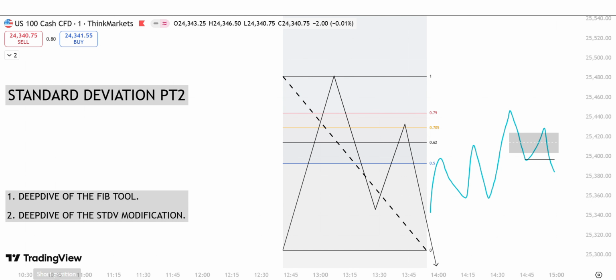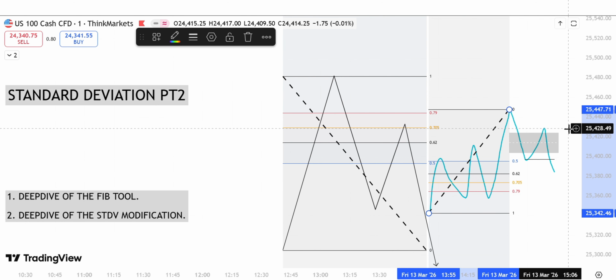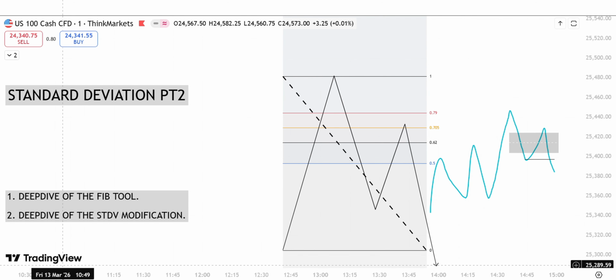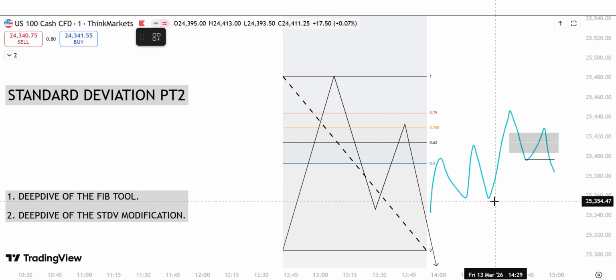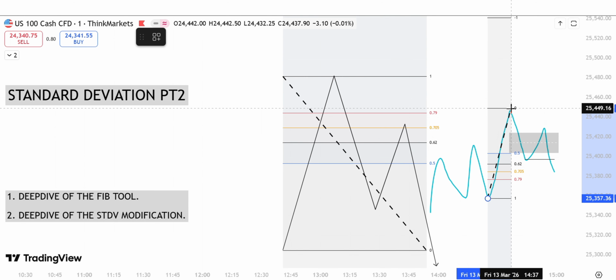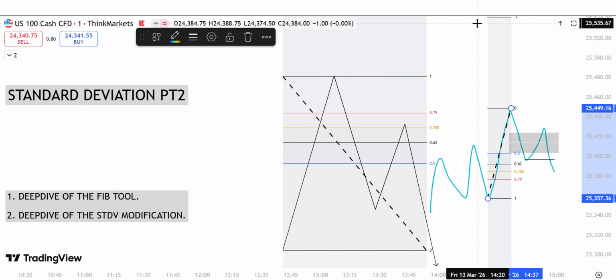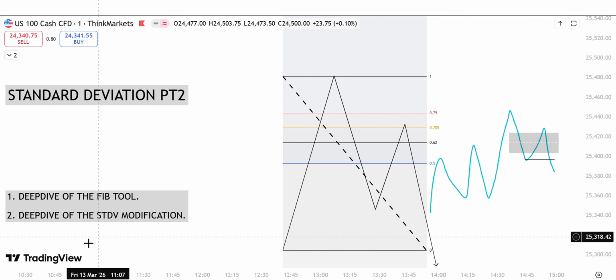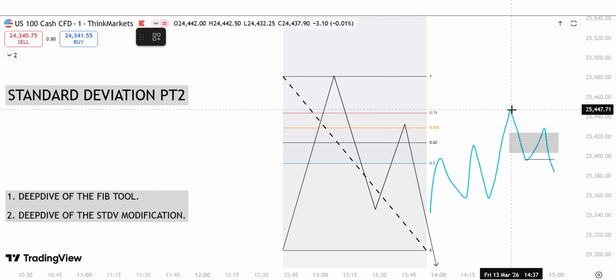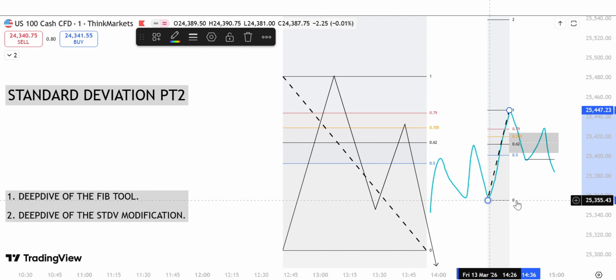Where would you anchor your Standard Deviation? Would you anchor it from the lowest point of the accumulation to the highest? Sometimes. Would you anchor it from the start of the manipulation to the top of the manipulation? No, because in this example we're bearish, so you need to anchor it from the opposite side, because you've got to consider the Fib tool and the projections it has.